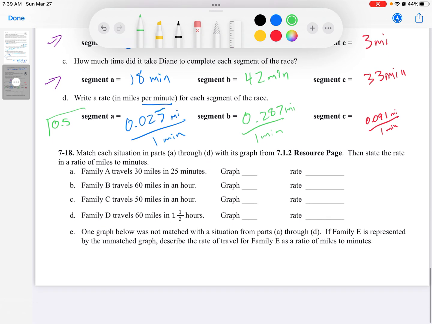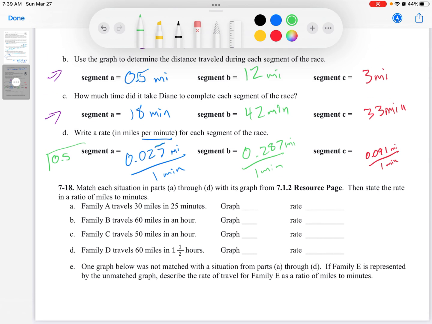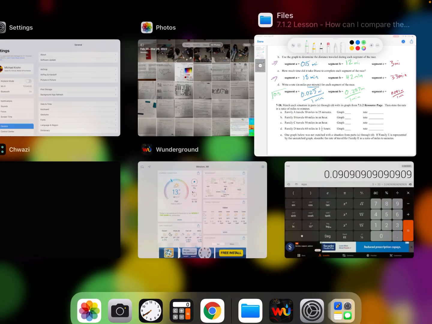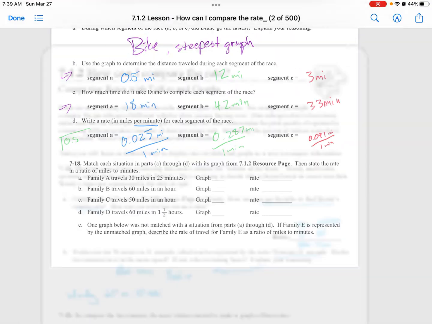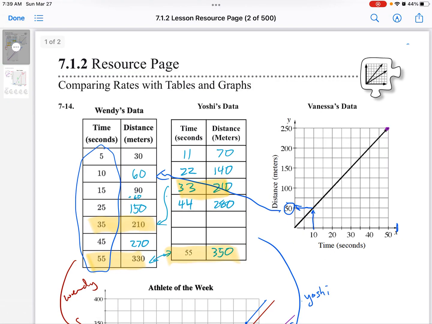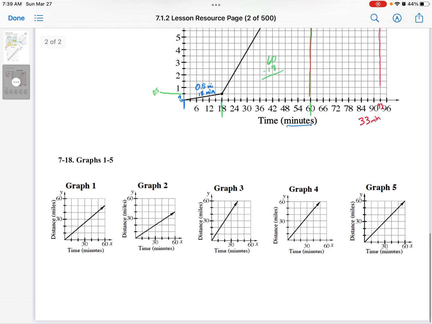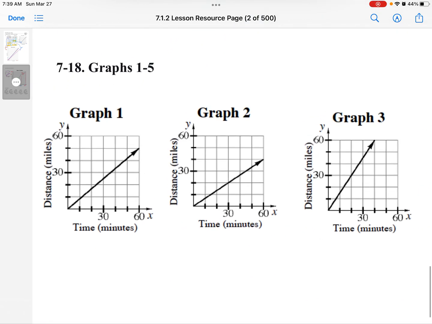All right, let's do this last one. Match each situation in part A through D with its graph from 7.12 and state the rate. Family A travels 30 miles in 25 minutes. Let's find that here.